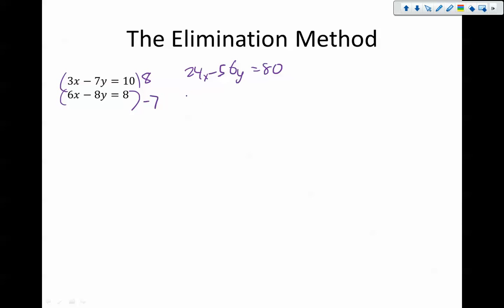And then I get -42x plus 56y equals -56. So notice again, I get this situation right here where I can add these together and eliminate. So I won't finish solving this, but we could have done the y. It would have been more complicated in this case, but if we have to multiply both equations, we will.